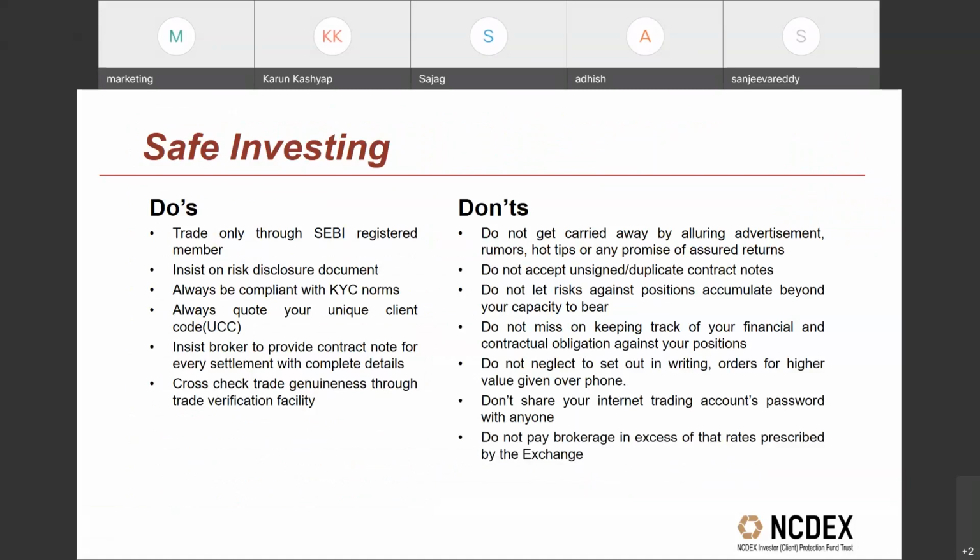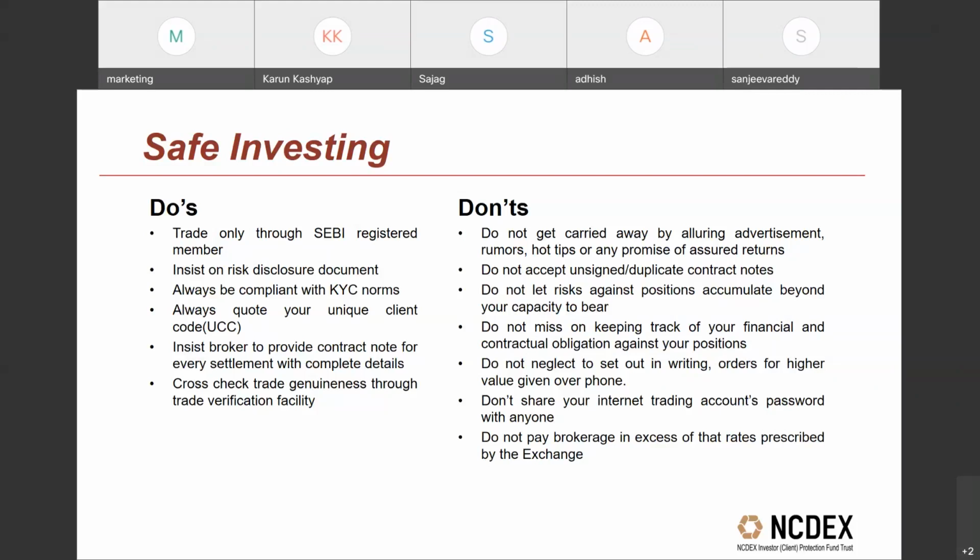If any person is not affiliated with SEBI or is not a member of the exchange, and you are trading through them, then the trade is very risky and it is an illegal act, and the person trading through them may also suffer financial loss. So we should trade only through registered members.